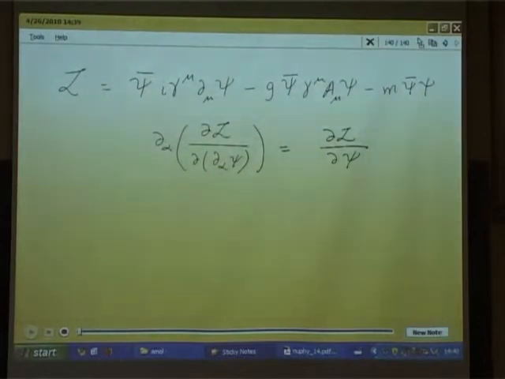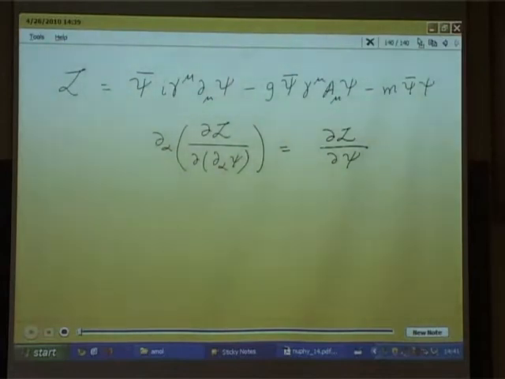This is del_alpha of psi. Remember, I am being very careful: I have not put del_mu here. I especially put del_alpha here to distinguish that del_alpha from this gamma^mu, because it is important to be careful with this. Now I want to find del L by del of del_alpha psi. That can happen only in the term where I have del_mu psi, and it happens only when mu is equal to alpha.